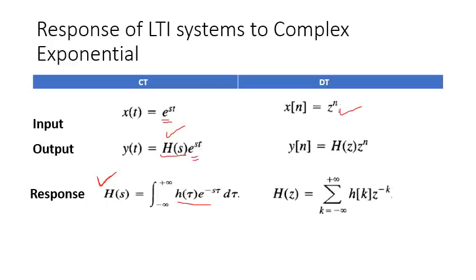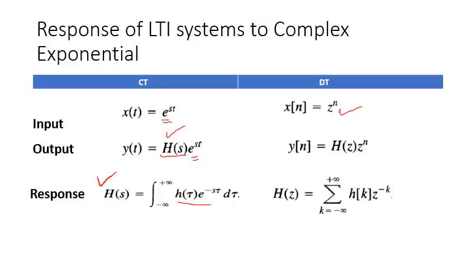If you compare it with convolution, remember we represented the signal in terms of scaled and shifted impulses, and then the output was the convolution of the input signal with the impulse response of the system. Convolution is pretty tedious work.